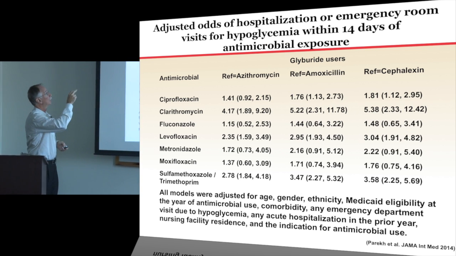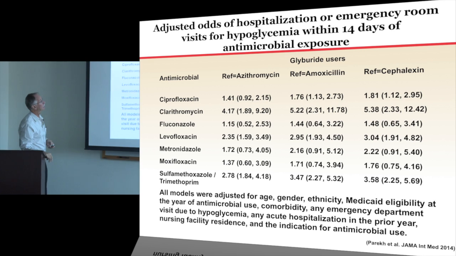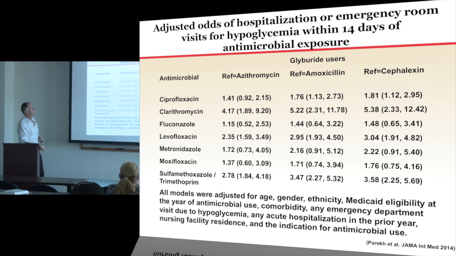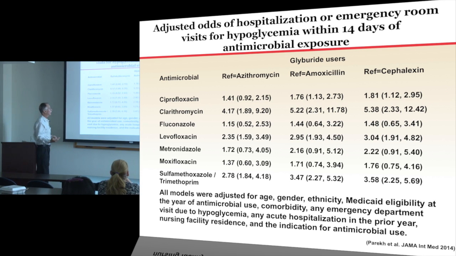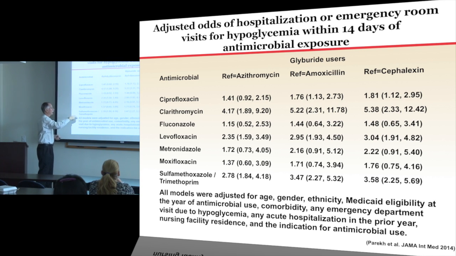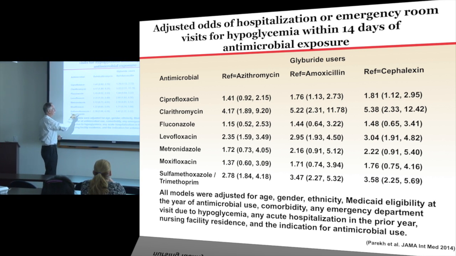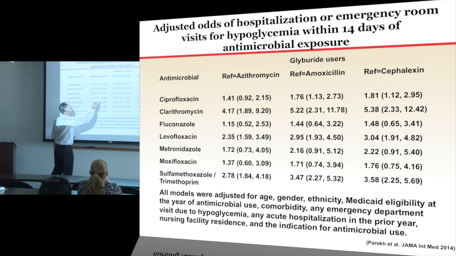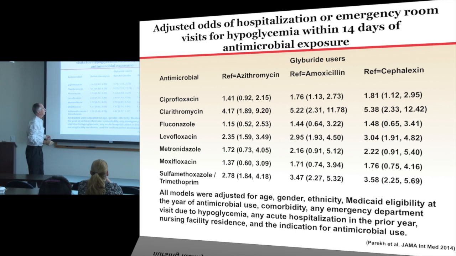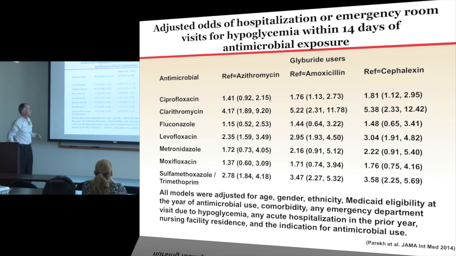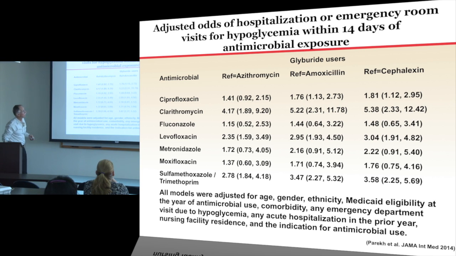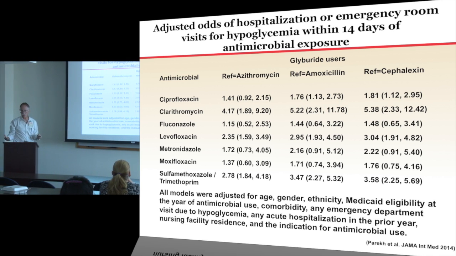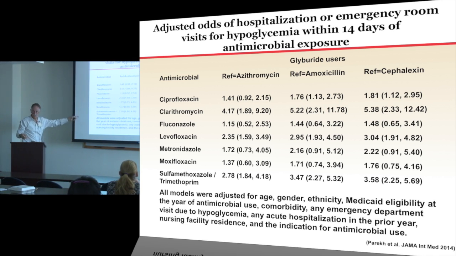So here we're looking at odds of hospitalization or emergency room visits for hypoglycemia within a couple weeks after getting the antibiotic for each of these antibiotics, and then we ran a different model. Each one of these is a different model, comparing it to Zithromax or amoxicillin or cephalexin, which were the 3 most commonly prescribed antibiotics not on this list.